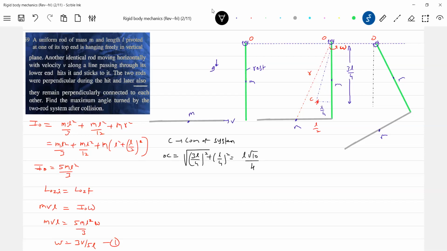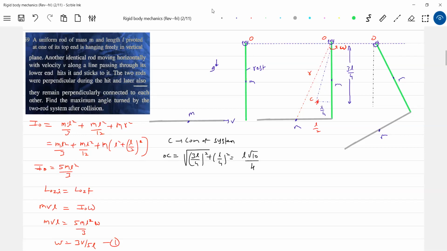Now we have to apply conservation of mechanical energy: the initial rotational kinetic energy of the system should be equal to the increase in gravitational potential energy of the system. What do we mean by gravitational potential here? How much has the center of mass risen? Initially the center of mass is here.